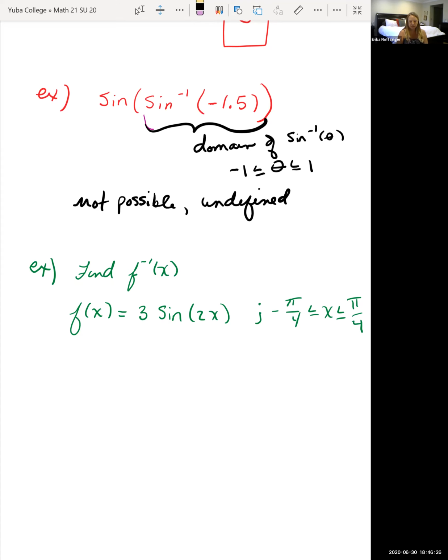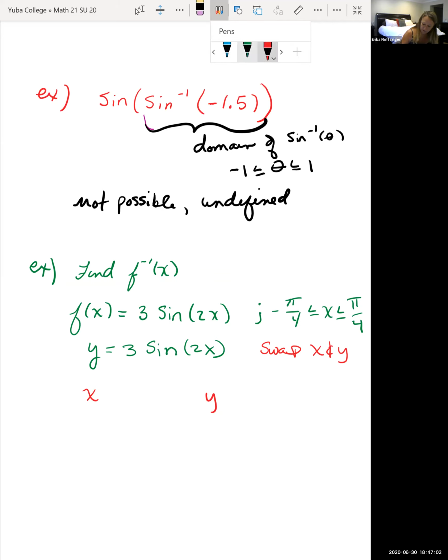Okay, so to find inverse functions, if it's in function notation, I first rewrite it as y equals. So we have y is equal to 3 sine of 2x. You swap your x and y values, and then you solve for y. So this is now x is equal to 3 sine of 2y.